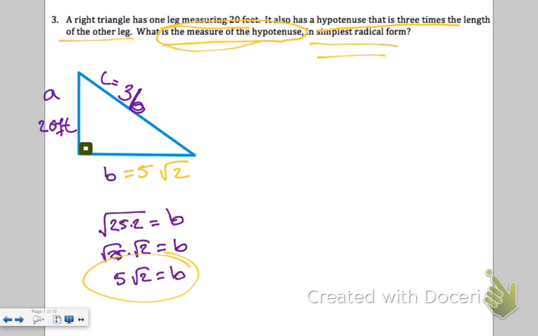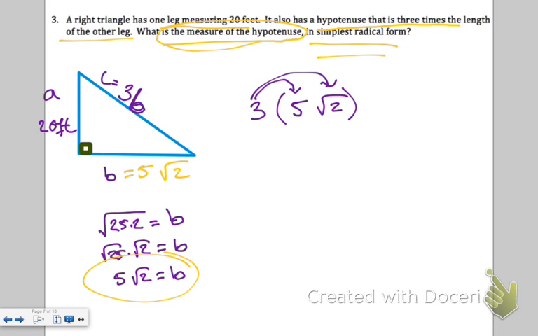And we know that our hypotenuse is 3 times the value of the missing leg that we just solved for. So 3 times the value of our missing leg. Okay, so one thing to be mindful of, we're not applying distributive property here. In order to apply the distributive property, we have to have more than one term.